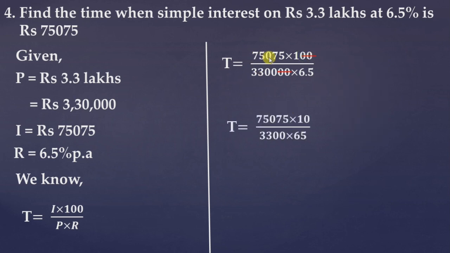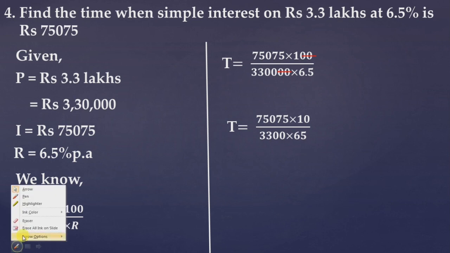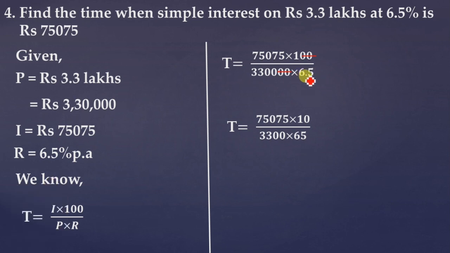So I'll get 75075 into, now how come this 10? It's like this. Instead of this decimal I'll write 1, and after the decimal I have one digit, so 10. So 75075 into 10, it's 3300 into 6. Instead of 6.5, now I will write 65. 0 and 0 will get cancelled.